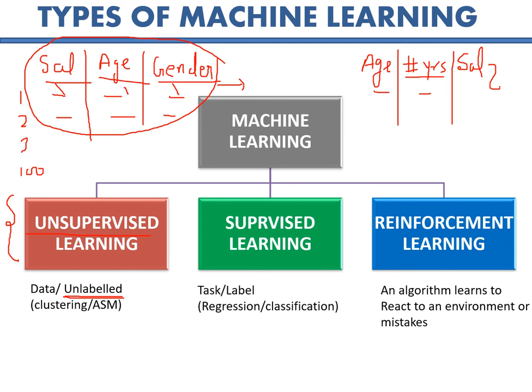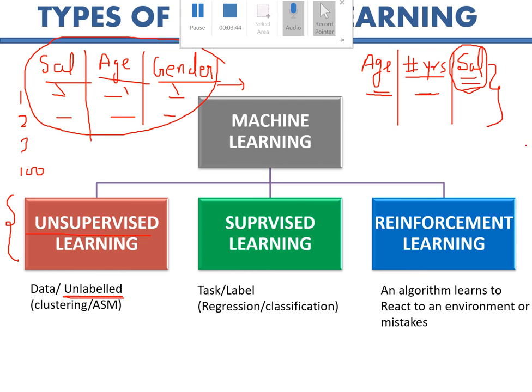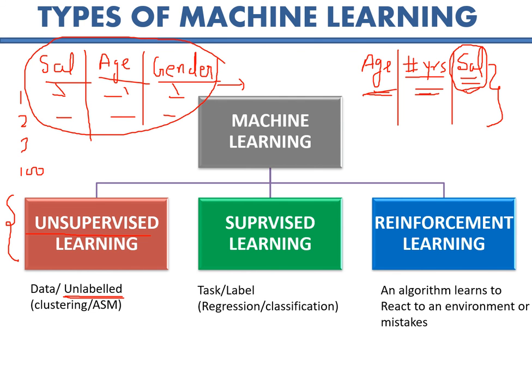So salary is my output. So I want to predict, or I want to do some analysis based on age and number of years of experience to get the salary. So this kind of data set is known as a labeled data set, because we have inputs and we have output as well. So these outputs are known as labels. So in such cases, we apply supervised machine learning.